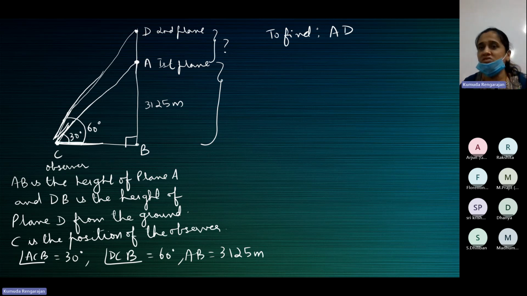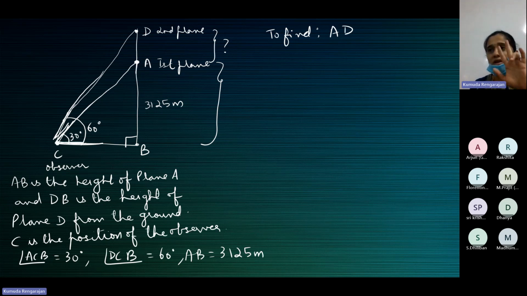It can be two sides or one angle and one side, because a trigonometric ratio connects one acute angle with two sides. So there are totally three things in a trigonometric ratio. If you know two of them, you can find the third one.